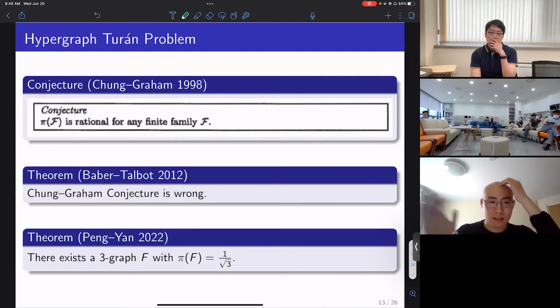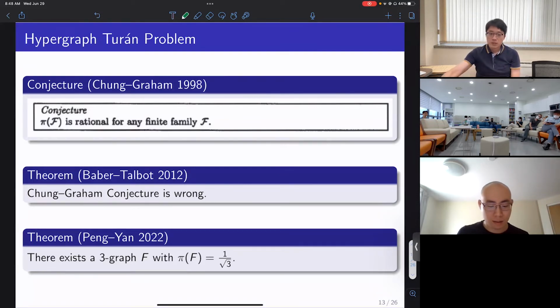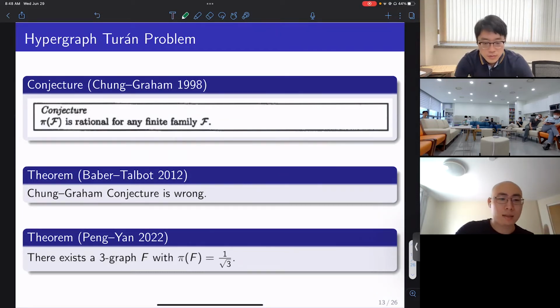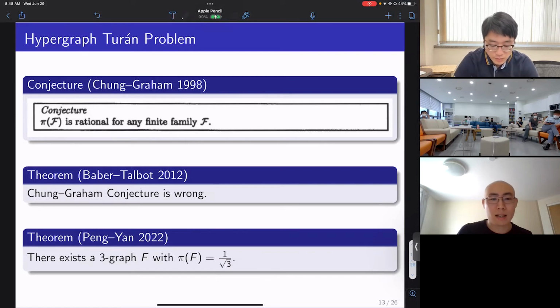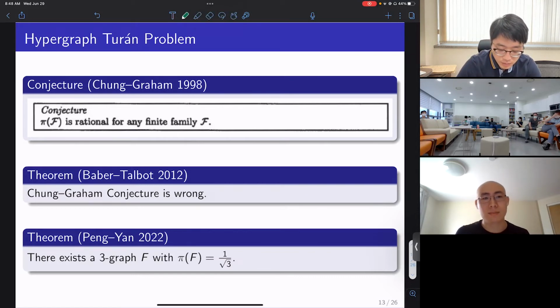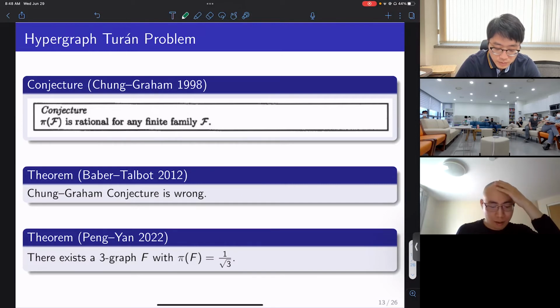So this conjecture does not care how many graphs you forbid, as long as it's finite. So this theorem tells you you can forbid only 1 3-graph to get an irrational number. This is not very related to our topic. I'm just showing this to tell you again, for hypergraphs, it's very different from graphs.